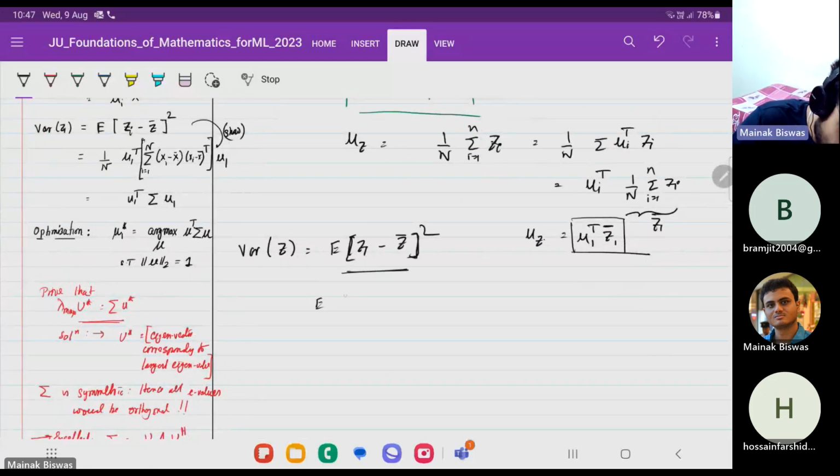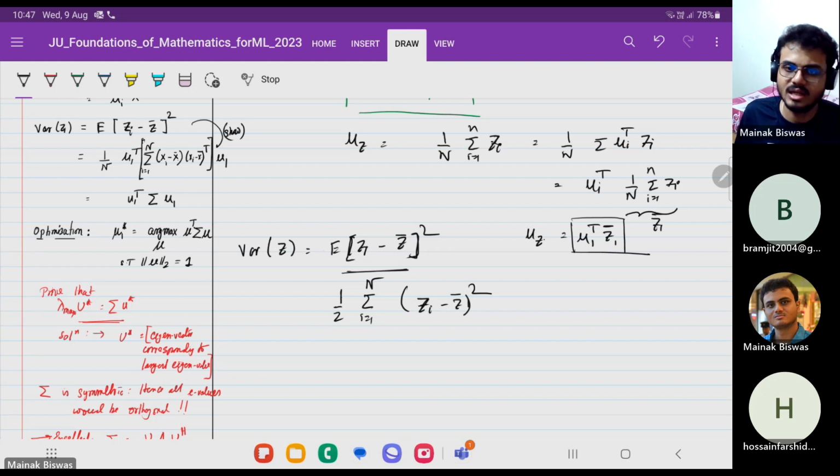It means expected value of. So how will I write this? Half times summation of i equal to 1 to n, your (Zi minus Z bar) square. Clear? There's no difficulty in this. So I'm writing this as a sample mean.